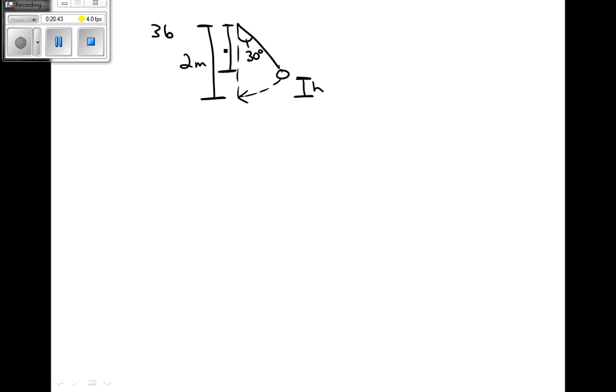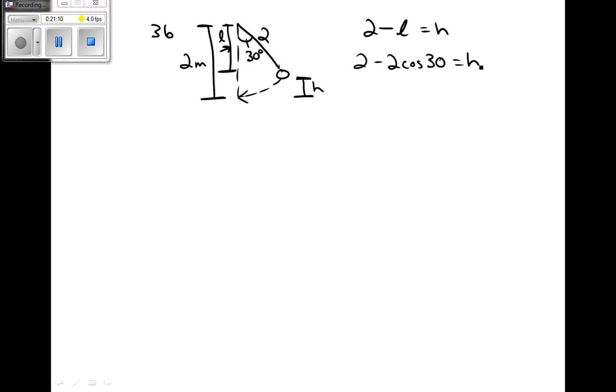It's cosine 30 that gives you the length, and then you subtract it from 2. So we take the full length, which is 2, minus this, which I'll call L. Minus L gives us our height. And our L here is going to be 2 cosine 30, because the length of the string is still 2.